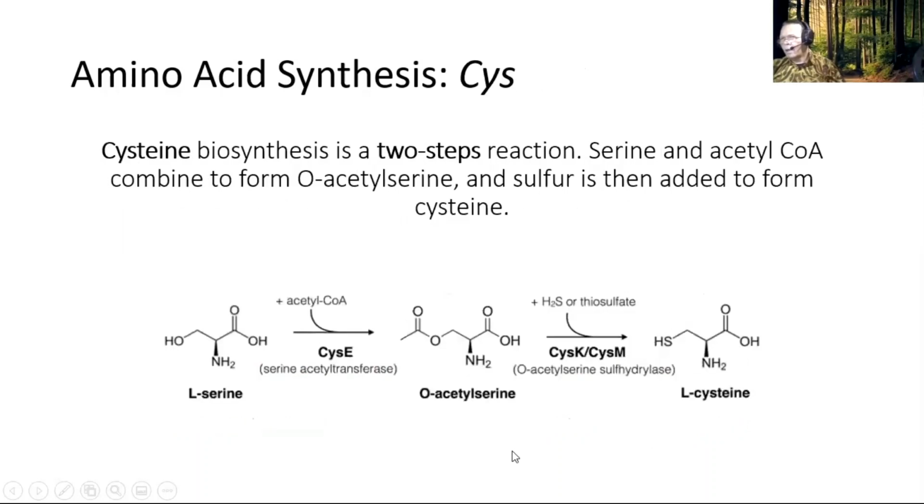Now let's see the cysteine. Cysteine biosynthesis is a two-step reaction. Serine and acetyl-CoA combine to form O-acetylserine, and sulfur is then added to form cysteine.